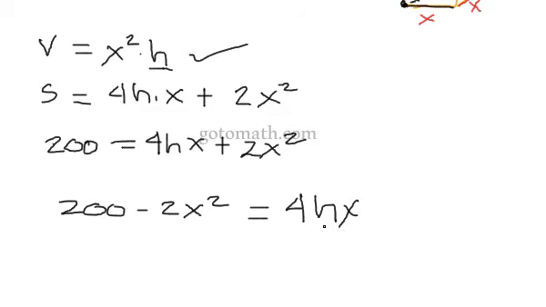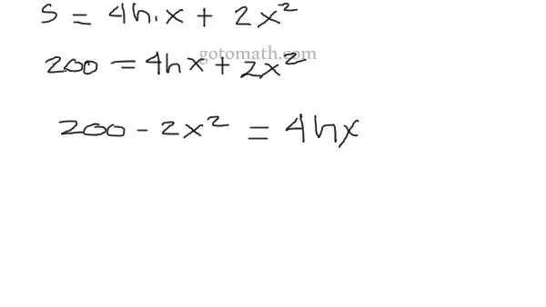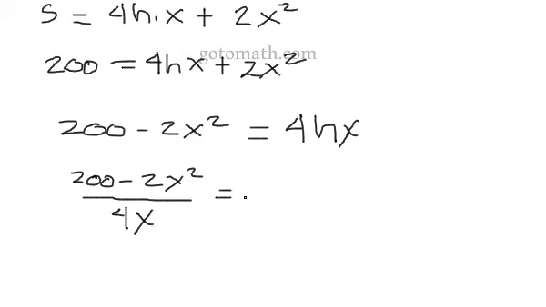Now of course what I want to do is I got to isolate this h. I'm going to divide or multiply both sides by 1 over 4x. Rewriting, and we have 4x is now equal to h.